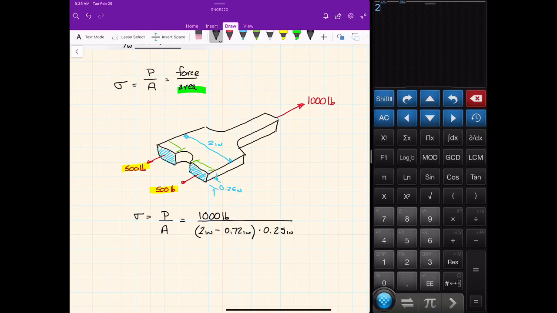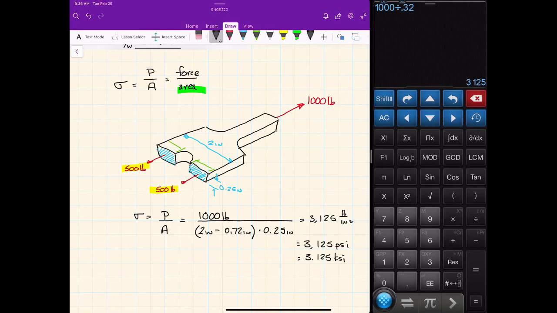All right, so if we do 2 minus 0.72, multiply that times 0.25, that gives us a denominator of 0.32, and we take 1,000 pounds divided by 0.32 square inches, equals 3,125 pounds per inch squared. So a lot of times 3,125 psi. You may even see 3.125 ksi. So K from the kilo for 1,000 pounds per square inch.